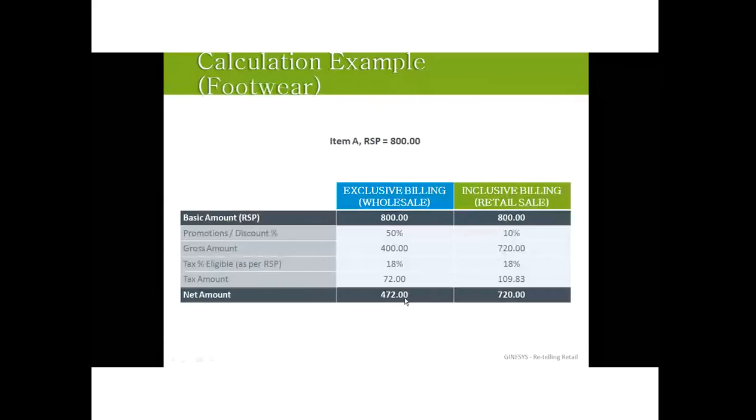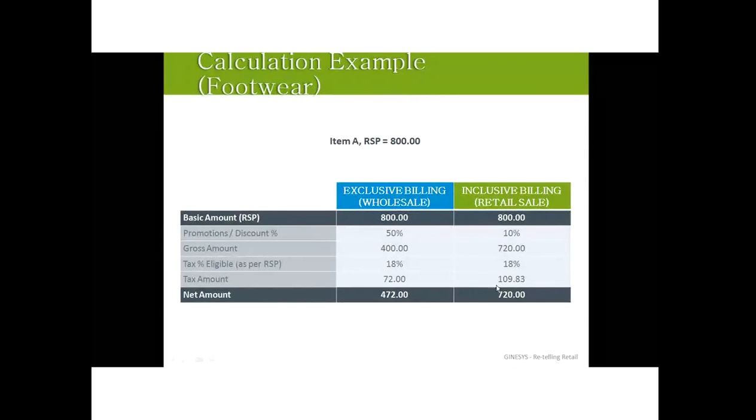Now coming to retail billing, for 800, if I give a discount of 10%, 720 will be the gross amount, and 80 rupees will be the discount amount. And on that 18% will be charged on an inclusive basis. That is, this 720 will have 18% GST included in the value.